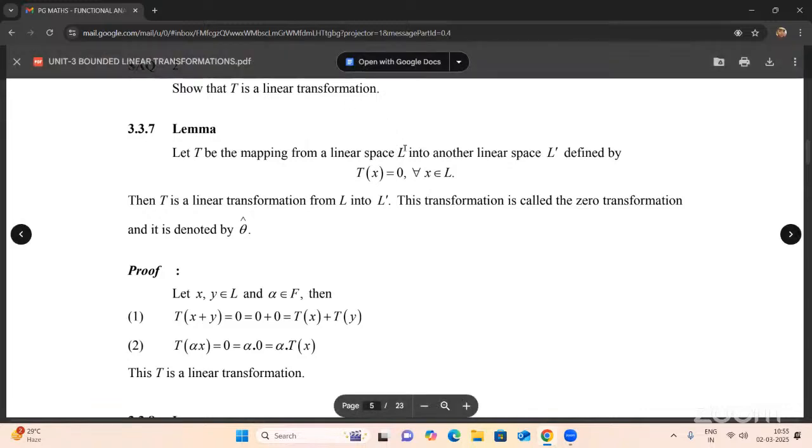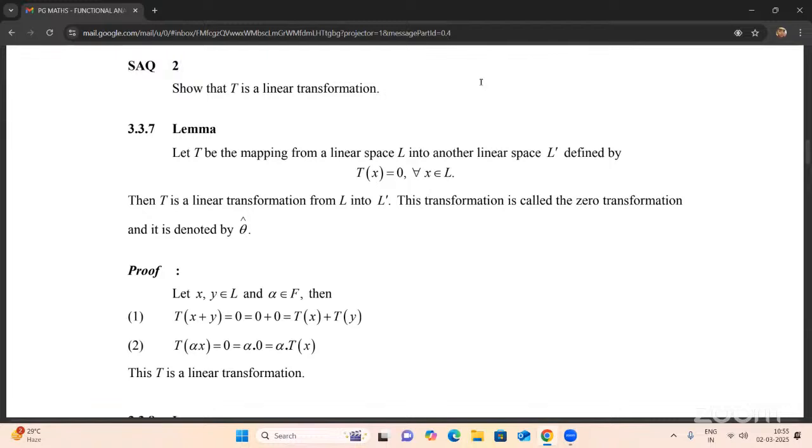Let T be defined from L into L dash, where L is a real linear space and L dash is the image linear space. There are two linear spaces here. T maps L into L dash.